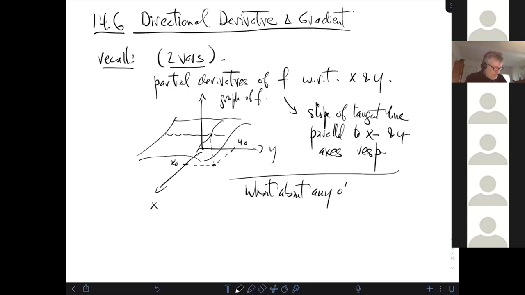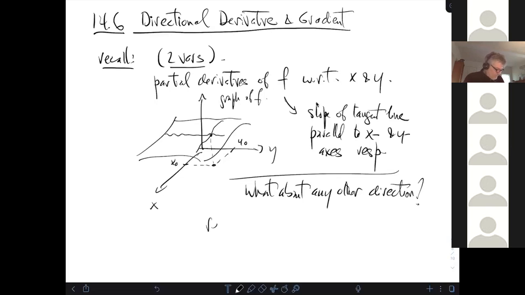I mean, if we can do it in those two directions, in theory we can do it in any direction. So let's see how this goes. I'm going to refresh your memory about the definition of the partial derivatives, and then we're going to see how we can modify that to get the derivative in some other direction, okay?